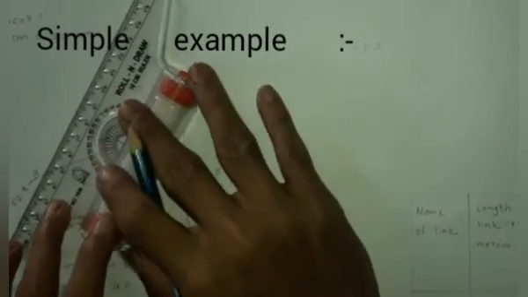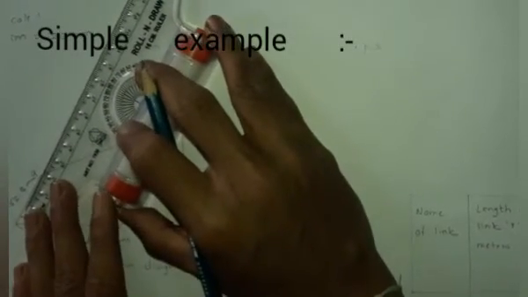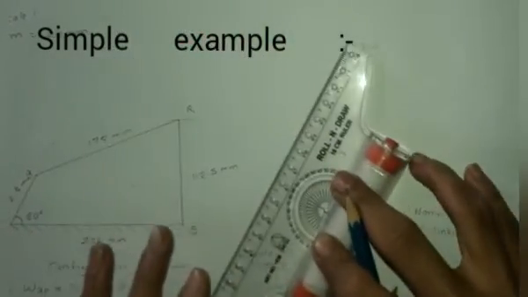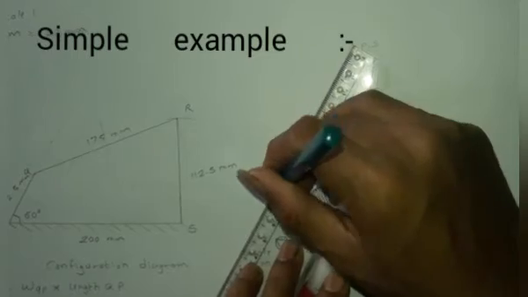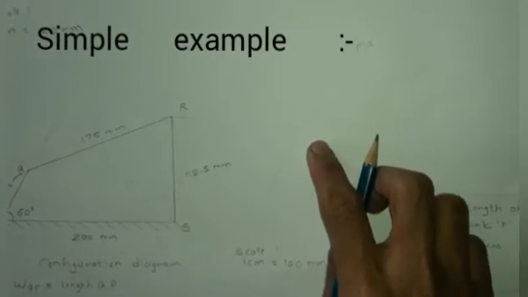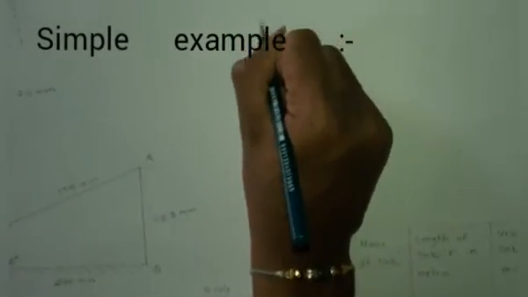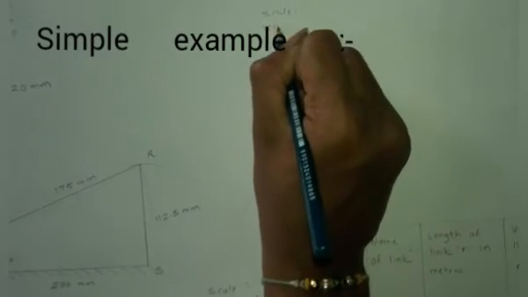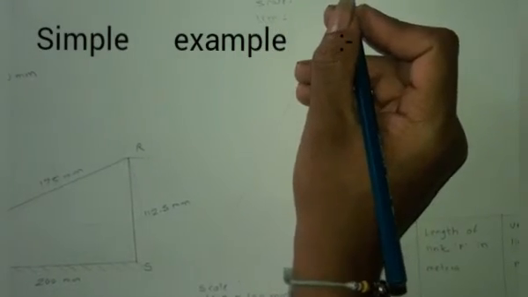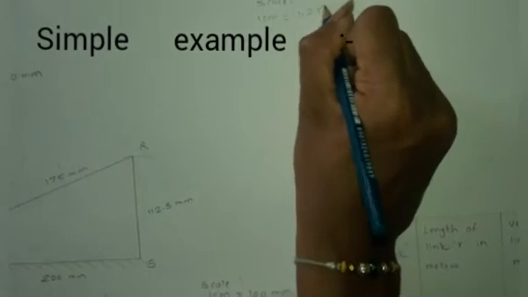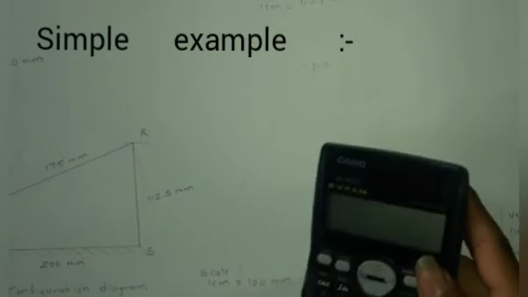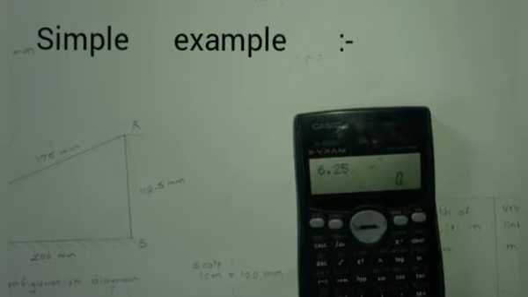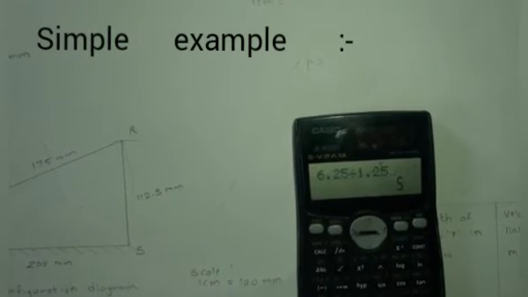Then we will draw a line parallel to link QP from point P. So magnitude of this line is 6.25 meter per second square. Our scale for the acceleration diagram is 1 centimeter equals 1.25 meter per second square. So from this scale we will get 6.25 upon 1.25, a 5 centimeter line.